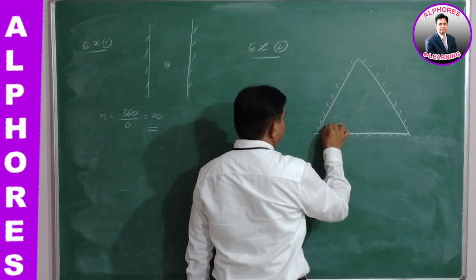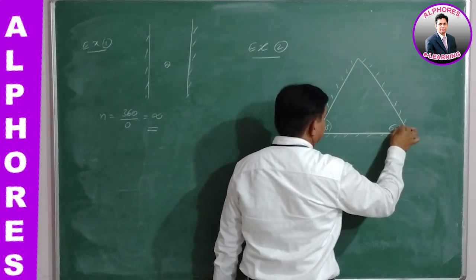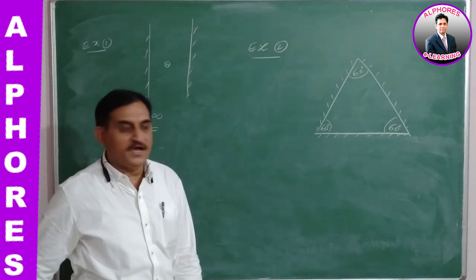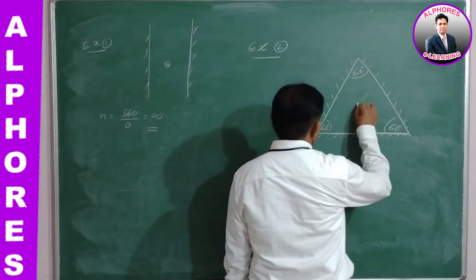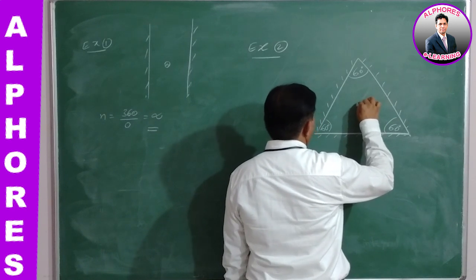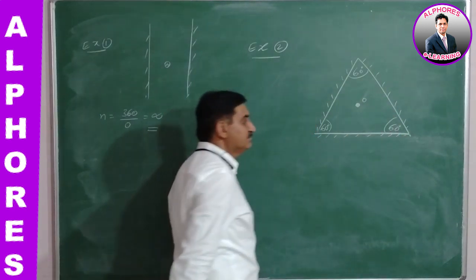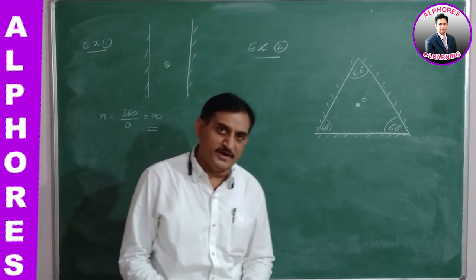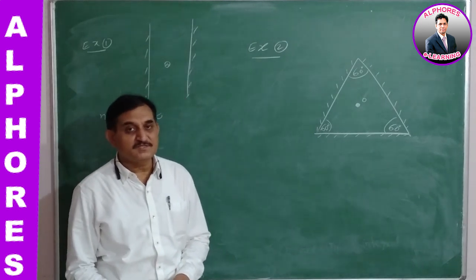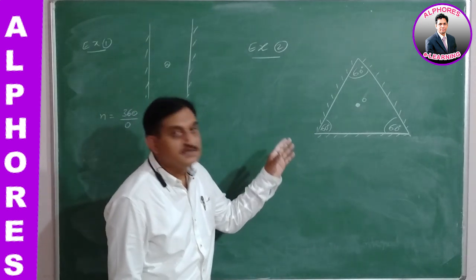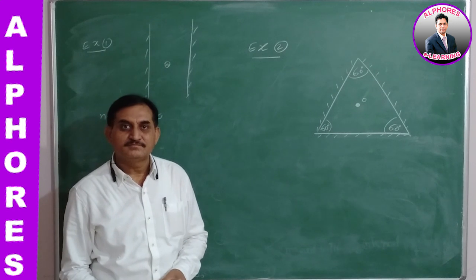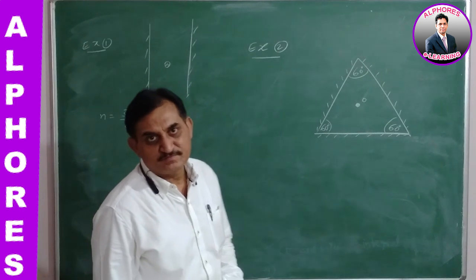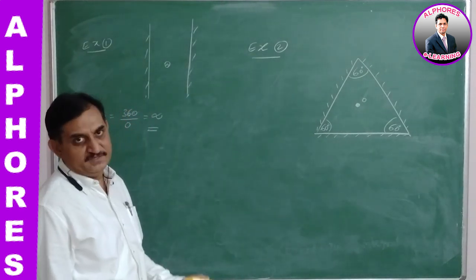Now this is a 60 degree angle, and this is also 60 degree, and this is also 60 degree. Now an object is kept at front right. This is the object. The question is, find the number of images formed by three plane mirrors arranged as an equilateral triangle. So how many images are obtained by these three plane mirrors? Okay, let us find them.